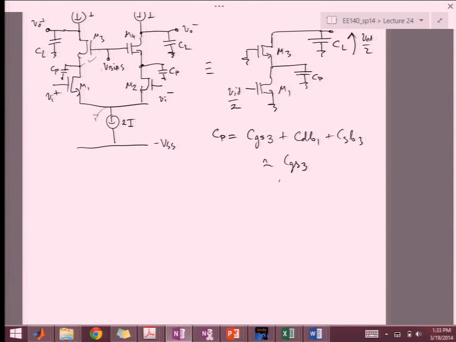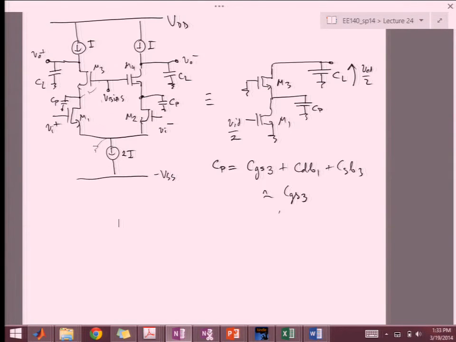So if we take a look at this, if we're really lumping all the parasitics into CP and CL, how many poles do you think we're going to have? Two capacitors, independent, how many poles? Two poles. Okay. And when we have two poles, how can we analyze both of them?